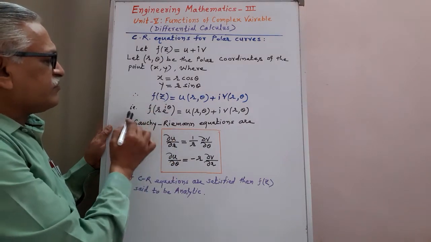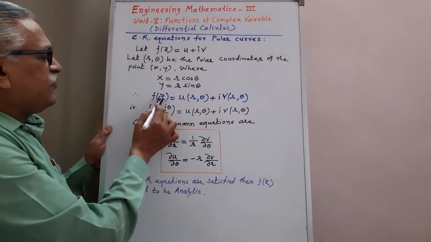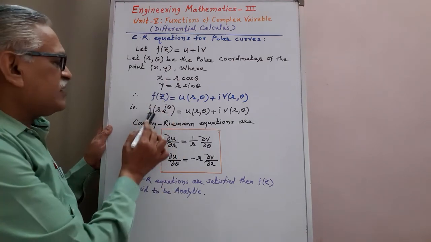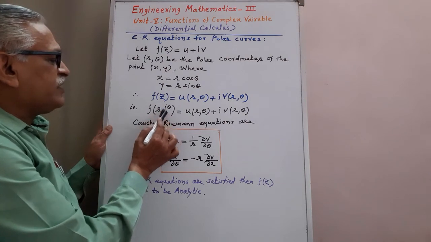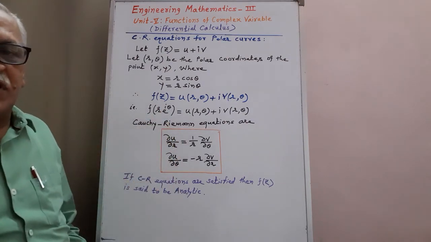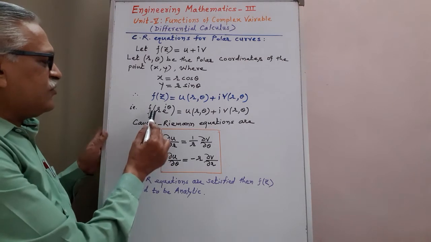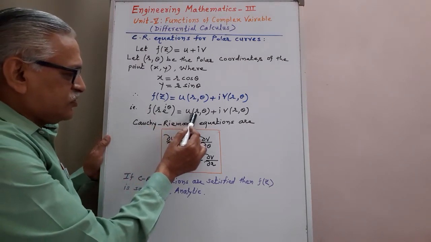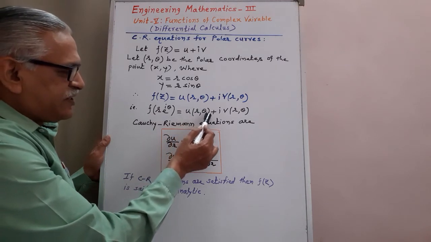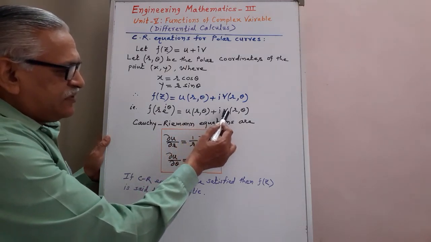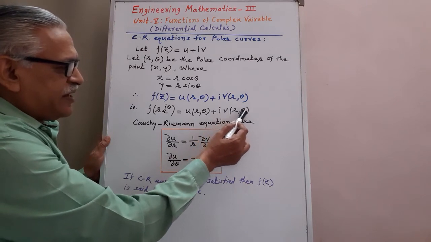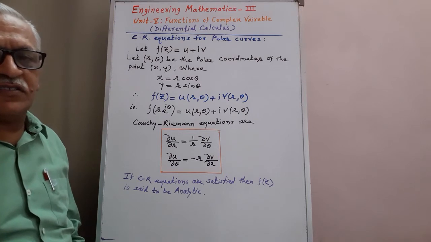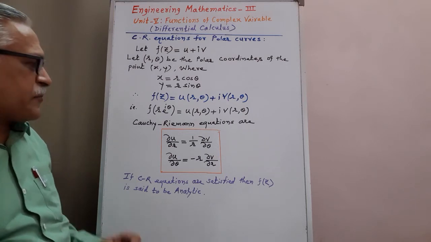If we replace z by the polar form of the complex number, r into e raised to i theta, where e raised to i theta is nothing but cos theta plus i sin theta, therefore it is f of r e raised to i theta is equal to u of r and theta plus i times v of r and theta. Whenever we write in terms of r and theta, it is called a polar form.